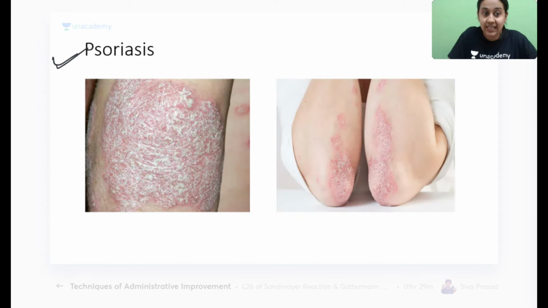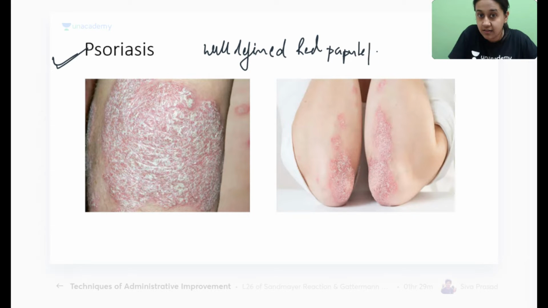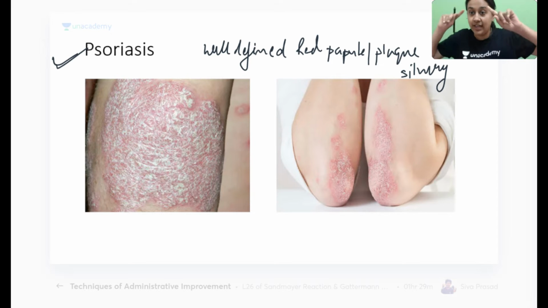Psoriasis, the classical lesion is a well-defined red or erythematous or salmon-colored papule or plaque with silvery scales. No purple. You will never use the word purple for psoriasis.